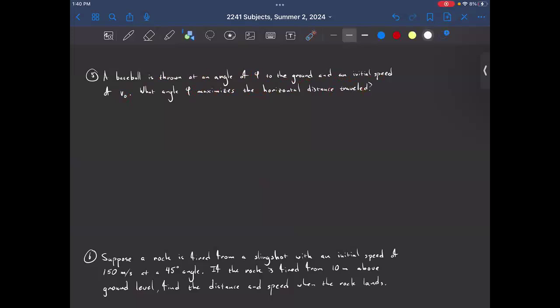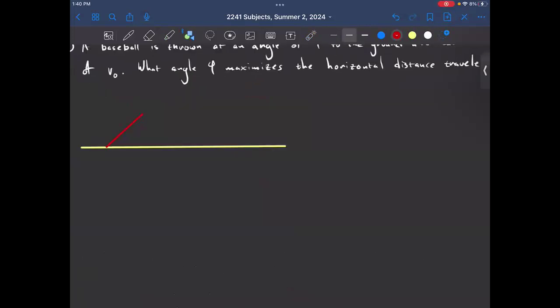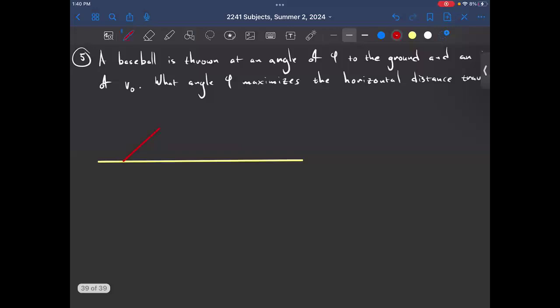Let's draw a quick picture of what's going on here. We've got the ground here, and we have an initial velocity. So maybe the baseball is launched here at some speed, and we'll call that v0.